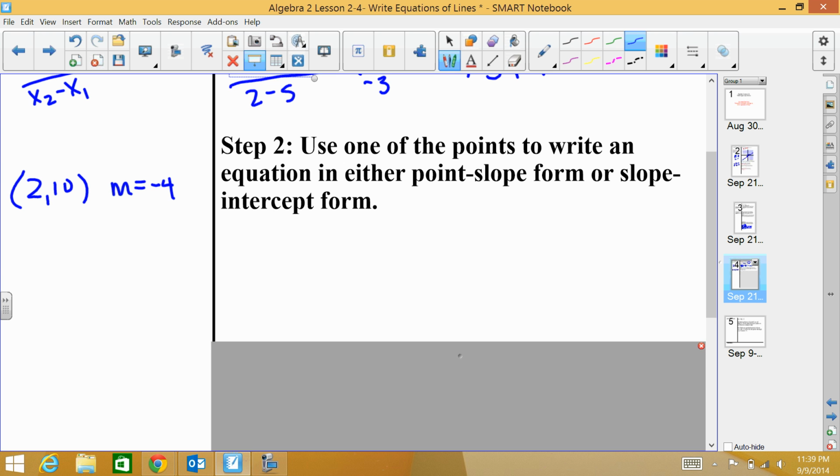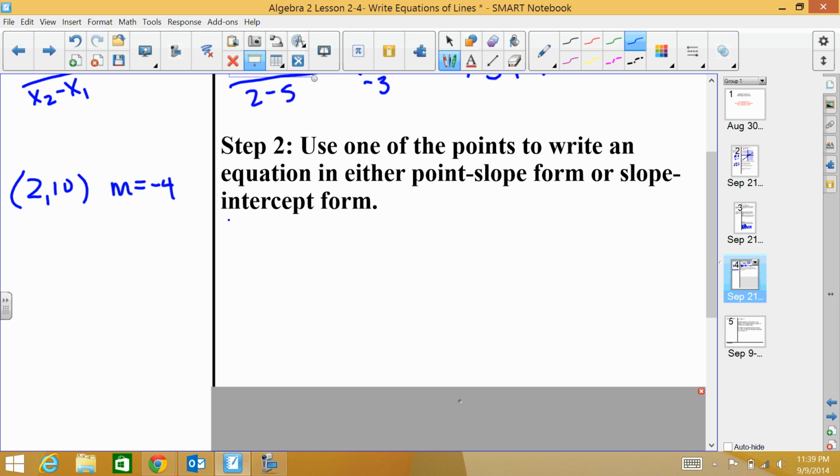I'm going to write an equation of a line using those things. First I'm going to do y equals mx plus b. That's the way I like to do it. I'm going to plug in this for x and this for y and this for m. So I have 10 equals -4 times 2 plus b. I plugged in 10 for y, -4 for m, and 2 for x.